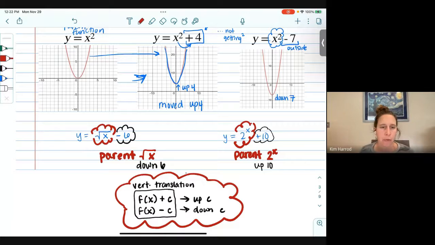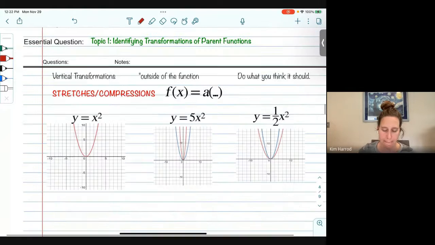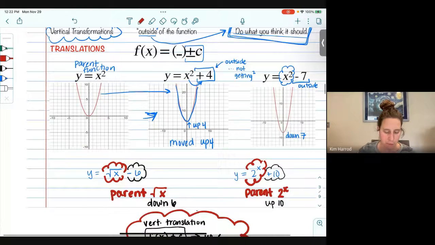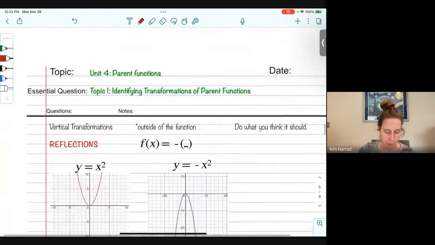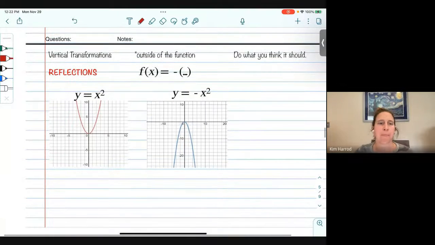So now I'm going to go through and do reflections, vertical reflections. So when it flips over the x-axis, and I turn my smiley face into a frowning face. Here we go. So reflections, you'll notice a theme here.